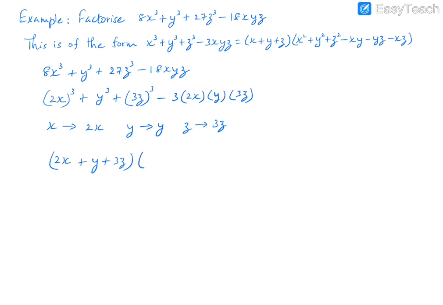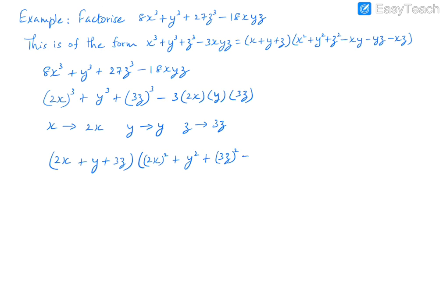And then we have the next part in the brackets. So it is x square. So x is 2x, so it is 2x square plus y square. So y is y, so it's y square plus z square. In place of z, we have 3z square minus x into y.